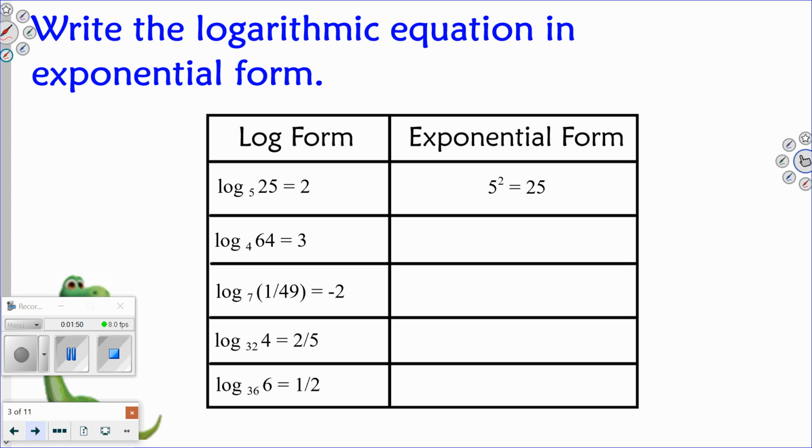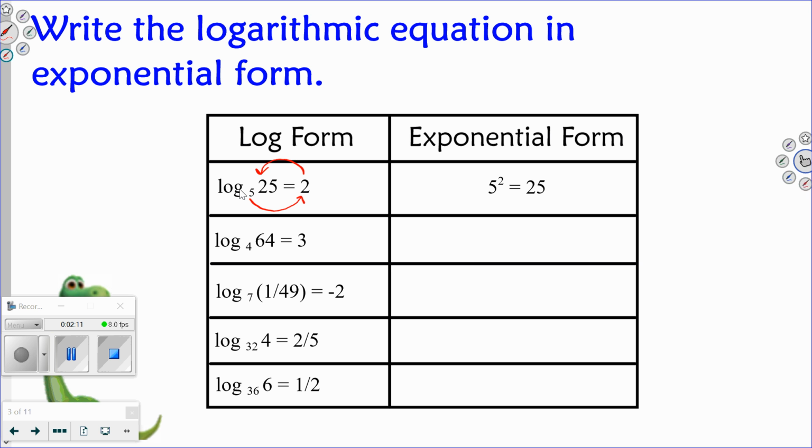So the first one's done for you. The way this works, you start with that base number. So 5 squared equals 25. You loop and swoop, and it tells you the order that your numbers go in. So 5 squared equals 25. That's how that's written.